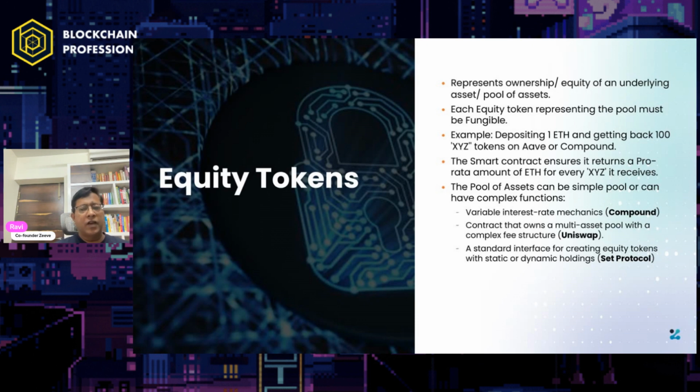So that is a different kind of pool. And when you provide a liquidity pair, you get LP tokens in return. And then there may be a standard interface for creating equity tokens with static or dynamic holdings, which is what Set protocol allows you to do. So equity tokens are an important type of tokens. They are fungible tokens because each token has to be fungible with each other when they are representing a pool.